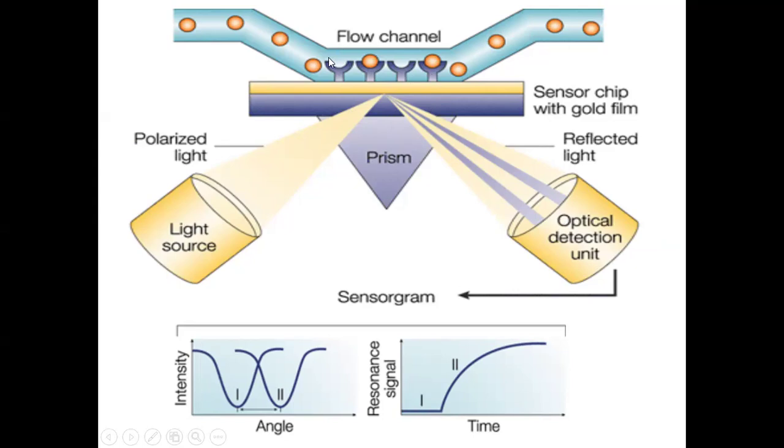And when it is a positive reaction, the incident light and the reflected light will have a different angle. So this angle of deviation is noted. It's called a phase shift. And this phase shift is checked to know how much concentration of analyte is reacting with it. So it's a very simple technique, but very effective.